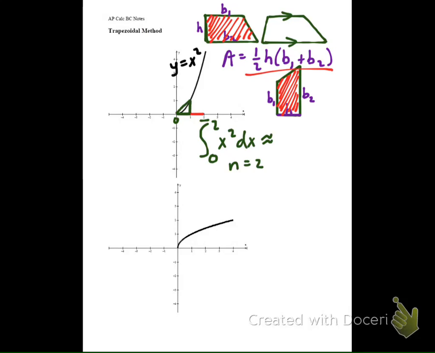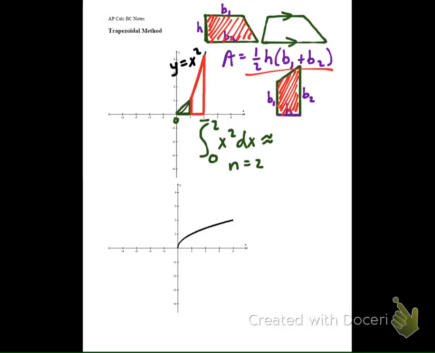Our next subinterval goes from 1 to 2. At the left end point of that subinterval, we go up till we hit the curve. We know how high that is. Then from the right end point, we go up till we hit the curve, and we know how high that is. Then we connect the tops to make a four-sided figure, and there we can see our trapezoid.